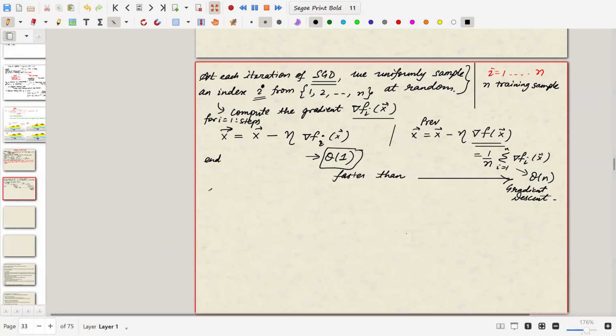So you can see that SGD is faster than gradient descent. SGD is order of one, whereas gradient descent is order of n, so it is 1 by nth the cost. However many data points you have, each iteration will still be order of one, due to which stochastic gradient descent is faster.